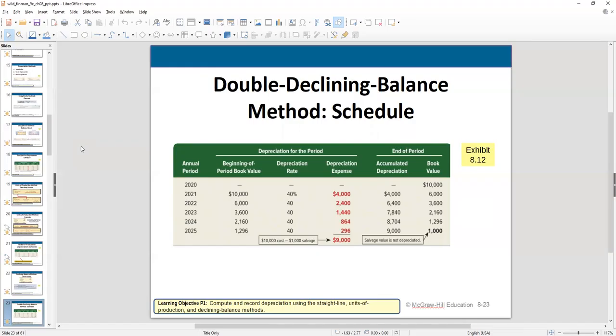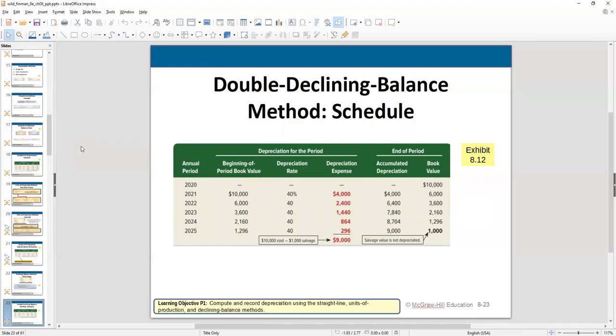We multiply that times 40%, and that gives us a depreciation expense of $4,000 at the end of year 1. Again, the accumulated depreciation and book value are the same as what we did with the other two. We're going to keep track of those through the life of the product.